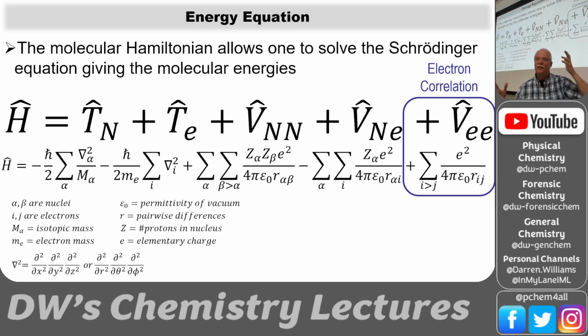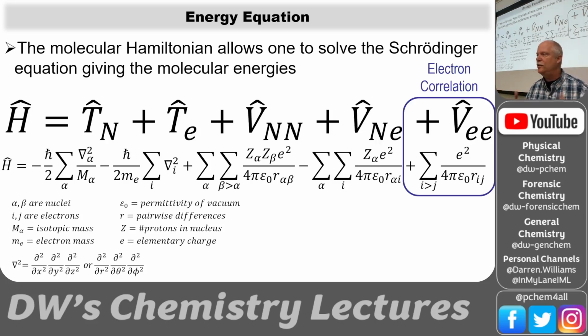And that fiddling is called the electron correlation. And that's what separates the different levels of theory. There are a lot of different models that have this electron correlation term where we're trying to deal with the wave nature of the electron, but calculate a Coulombic repulsion and also a Coulombic attraction in this case. So that's why it's still pretty complicated.